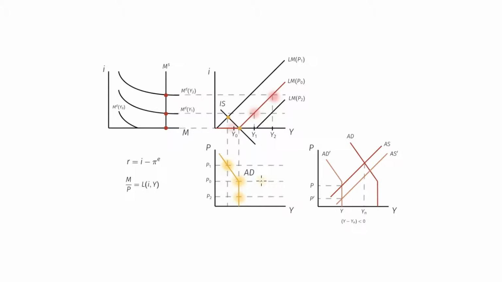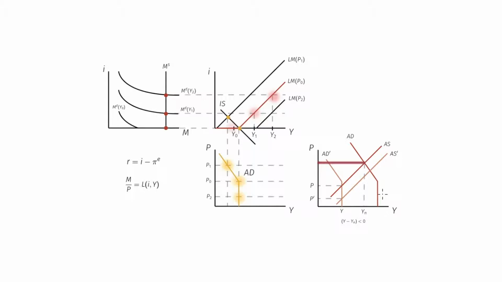Now let's move to the fourth and last graph, which is independent from the other three. Now we are going to assume that we have a recession, a decrease in the aggregate demand in our economy. At first we have this AS-AD point in equilibrium, so the price level is that one.